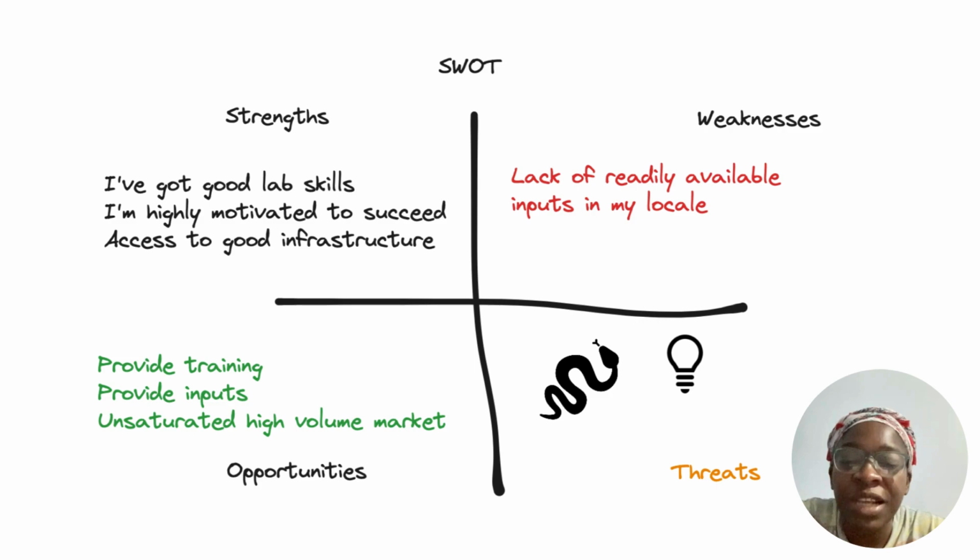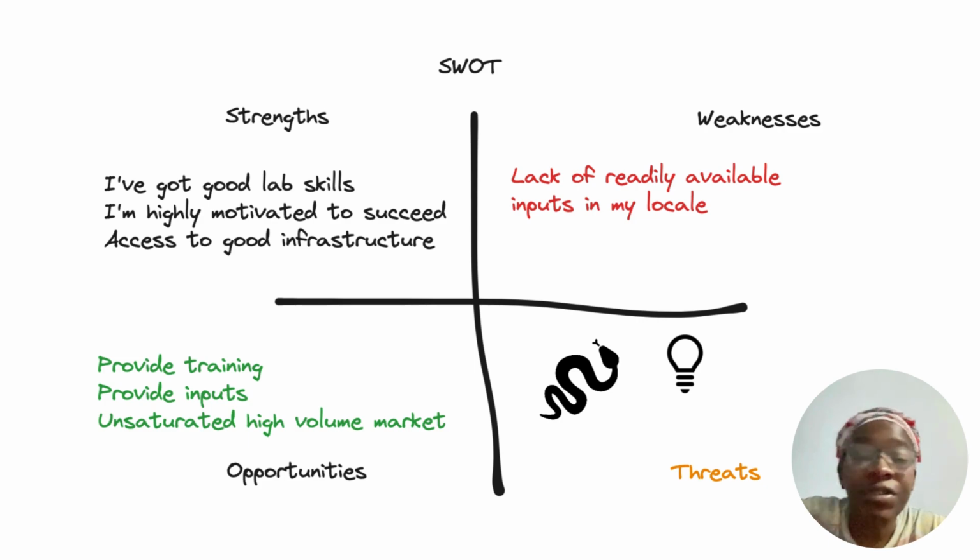The strengths, like I mentioned before: I've got skills in handling the microorganisms, so I'm quite happy with that. I'm also highly motivated to succeed. This can't fail, so I'm really looking at that as a strength that I have right now.